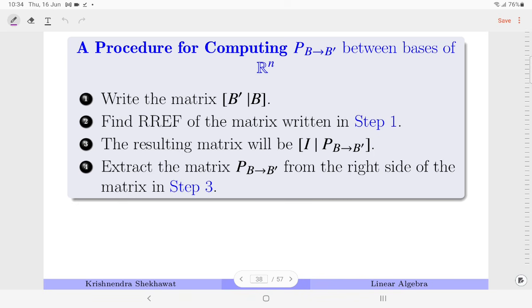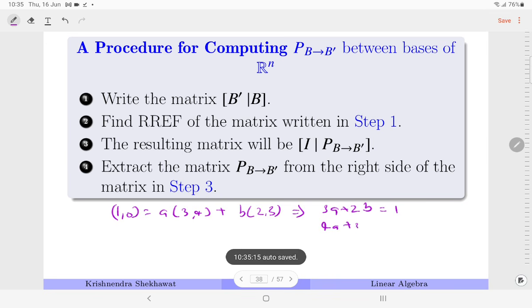So recall that when we were computing P from B to B dash in the previous example, I wrote (1, 0) as a linear combination of a times (3, 4) plus b times (2, 3). Yes, this gives me a system of equations: 3a plus 2b is equal to 1, and the next one is 4a plus 3b is equal to 0.